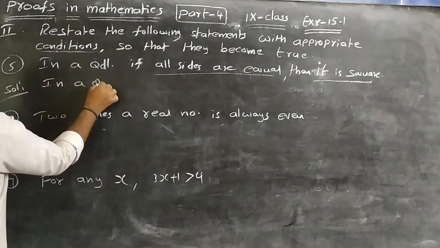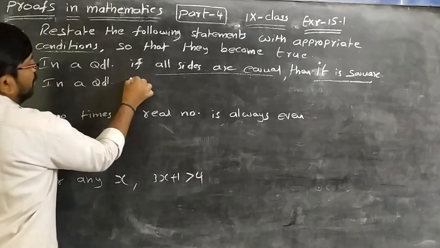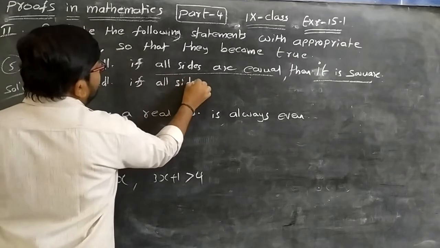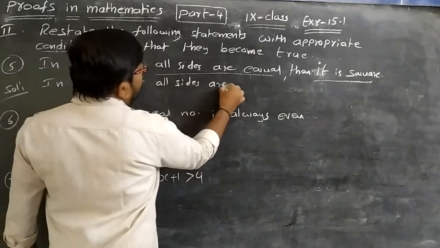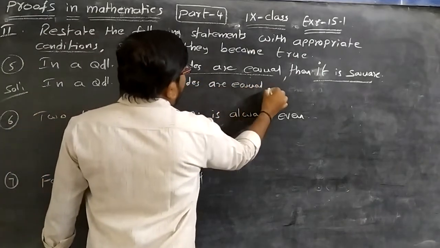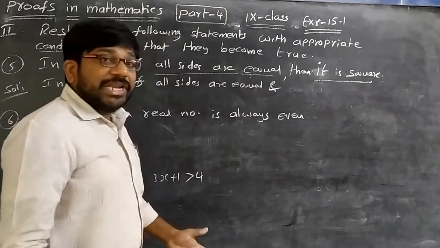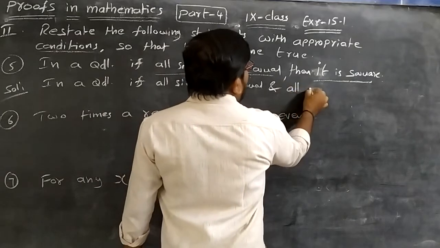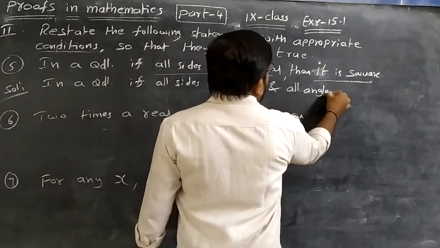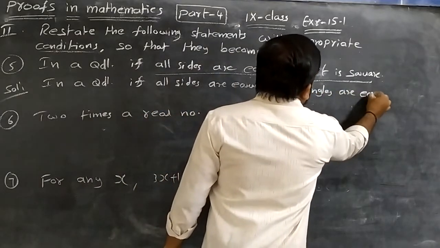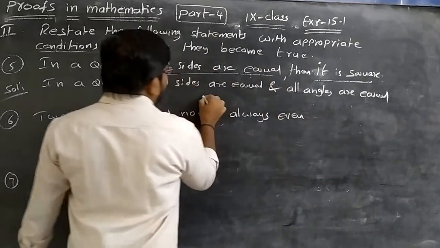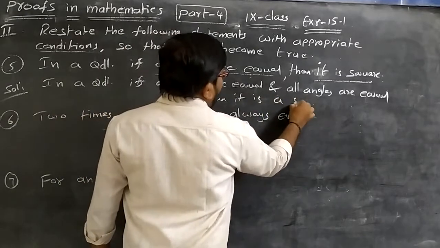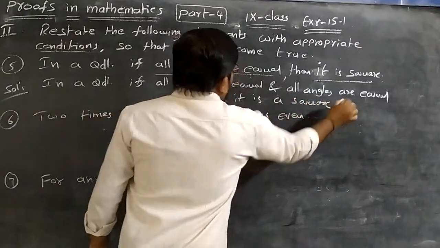In a quadrilateral, if all sides are equal and each angle is 90, meaning all angles are equal, then it is a square, right?